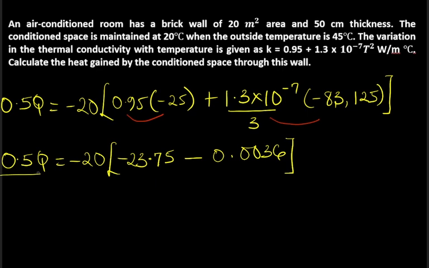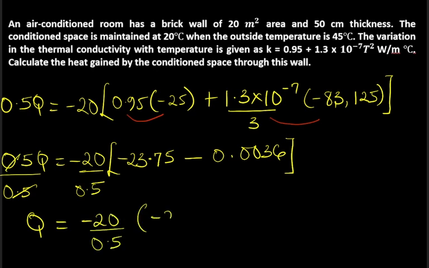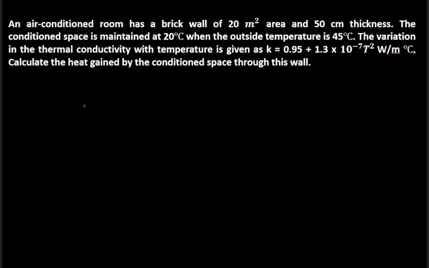I'm going to divide both sides by everything standing close to Q. So Q will be equal to minus 20 over 0.5 into minus 23.75 minus 0.0036, which is the same thing as negative 23.7536.